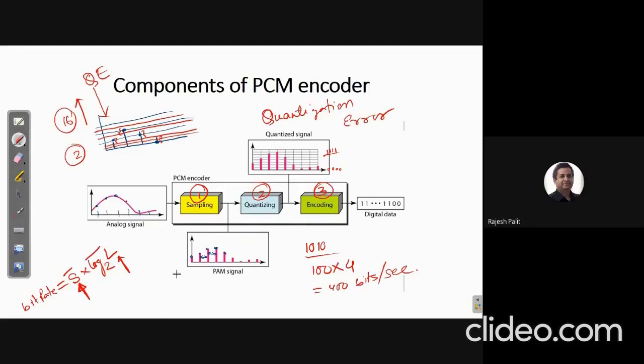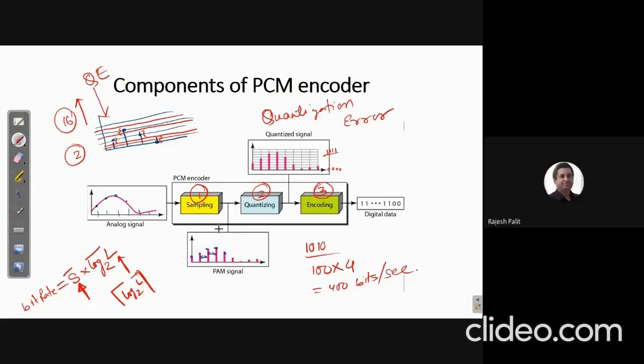If you increase the sampling rate, the generated bits will be higher. It will generate more bits per second.